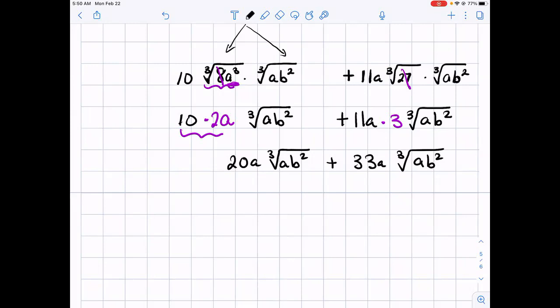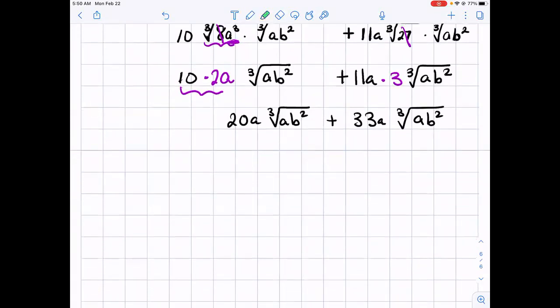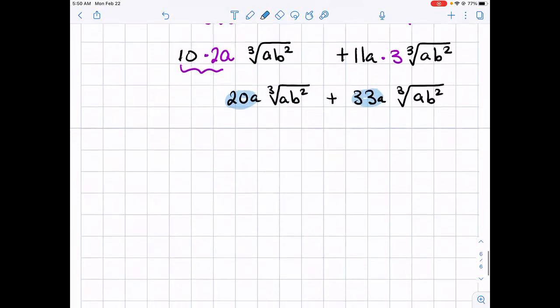So we have now, we can combine the coefficients slash variable. So 33a plus 20a becomes 53a, and we have the cube root of a to the 1, b to the second, right?